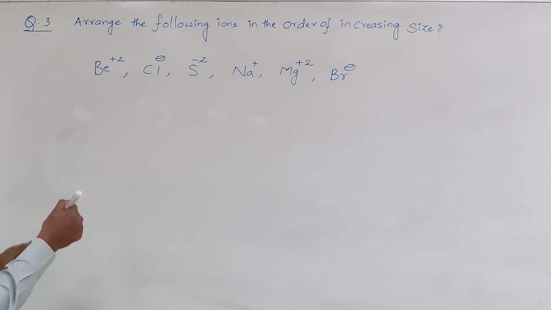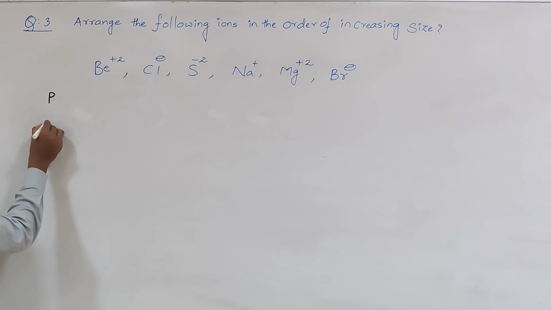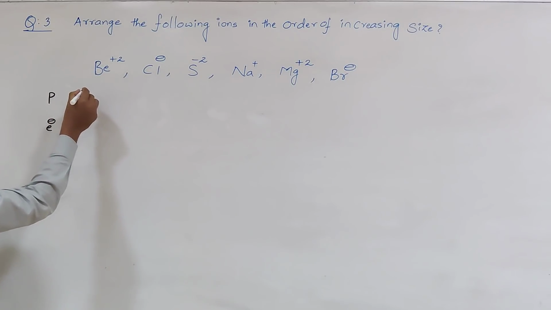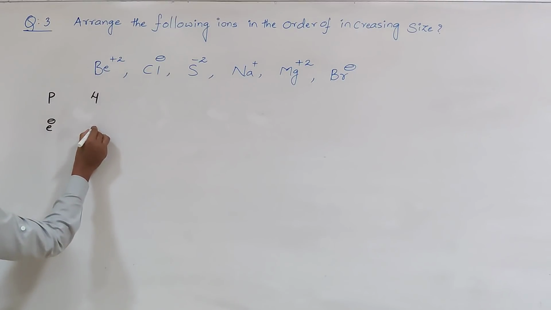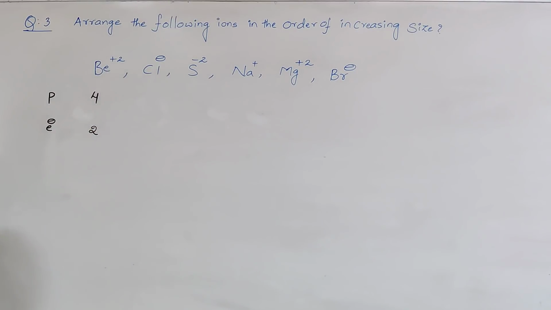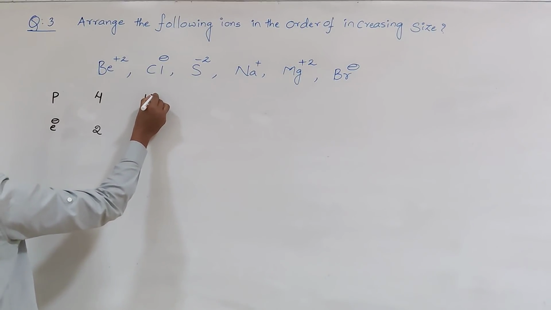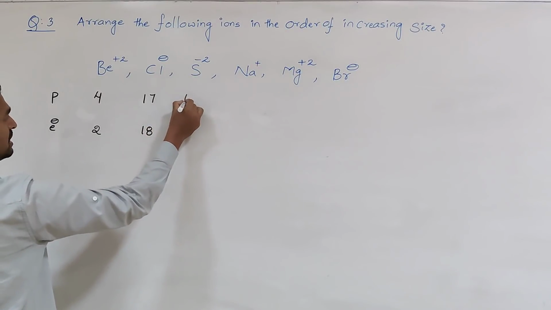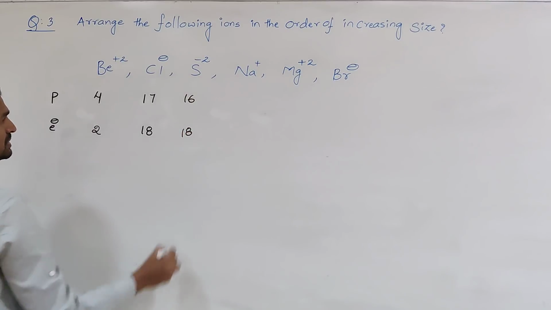Anyway, first let us write the protons and electrons present in each one. The number of protons in beryllium, atomic number 4, is 4, and for plus 2 we remove 2, so 2 electrons are present. Chlorine has 17 protons, but 18 electrons are present. Sulfur has 16 protons, 16 plus 2, so 18 electrons are present.